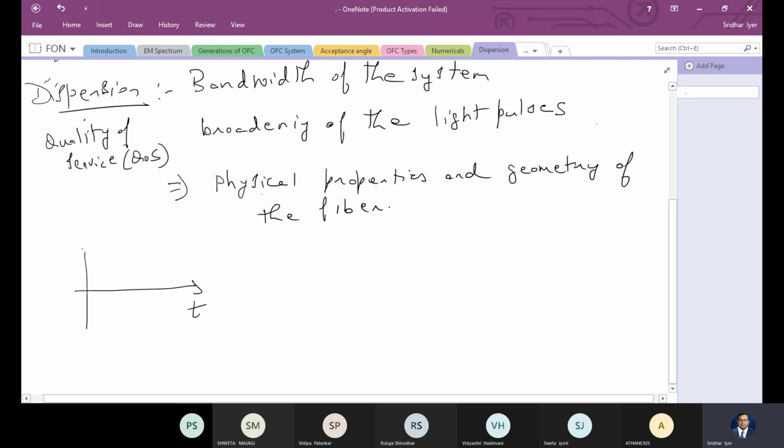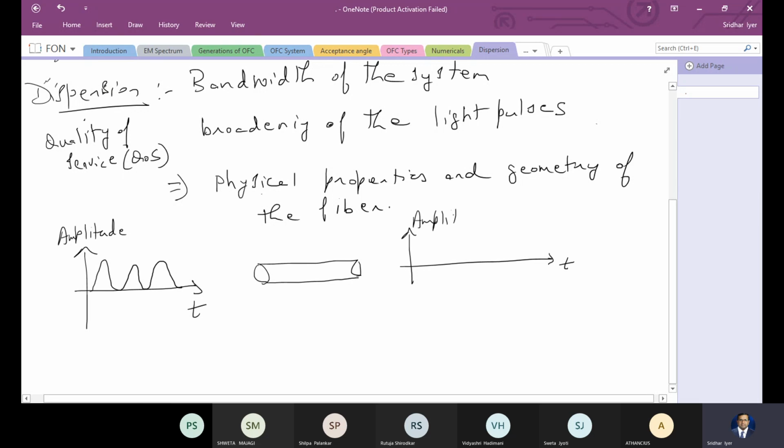So if this is the original signal which we have transmitted, let this be the amplitude on the y-axis, and on the x-axis we have time. So if your original signal looks like this, and if this signal propagates through the fiber, I'm only making the core of the fiber, then at the output, this is what is going to occur.